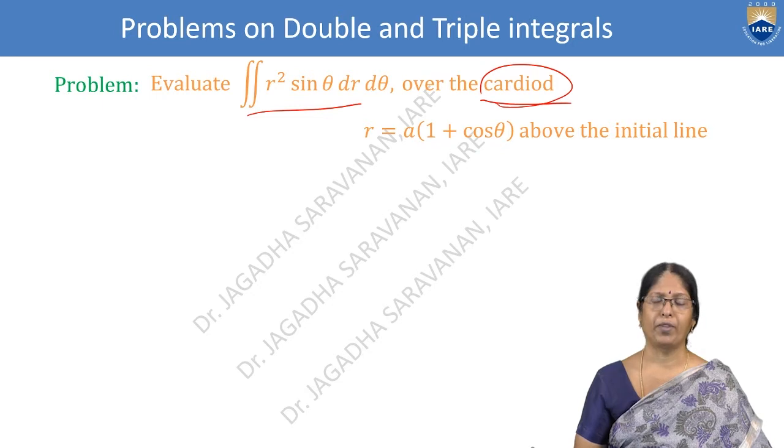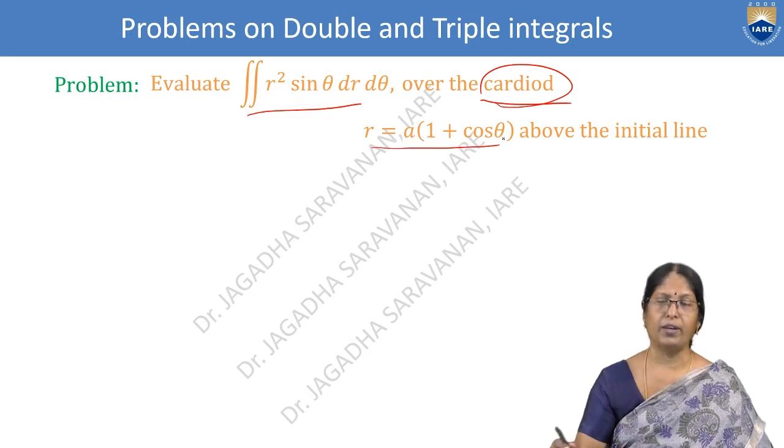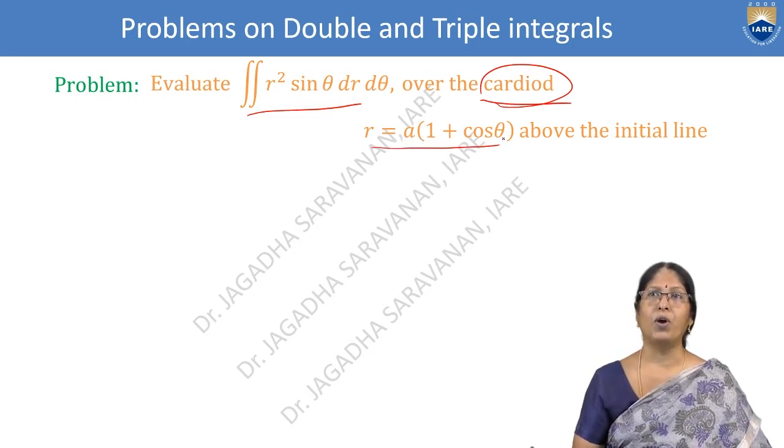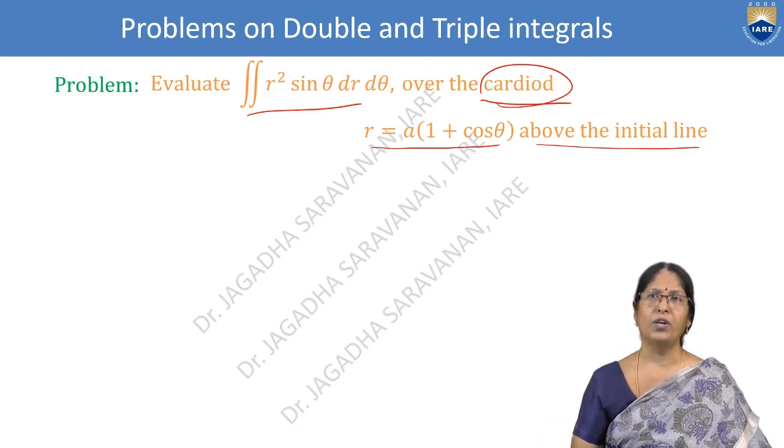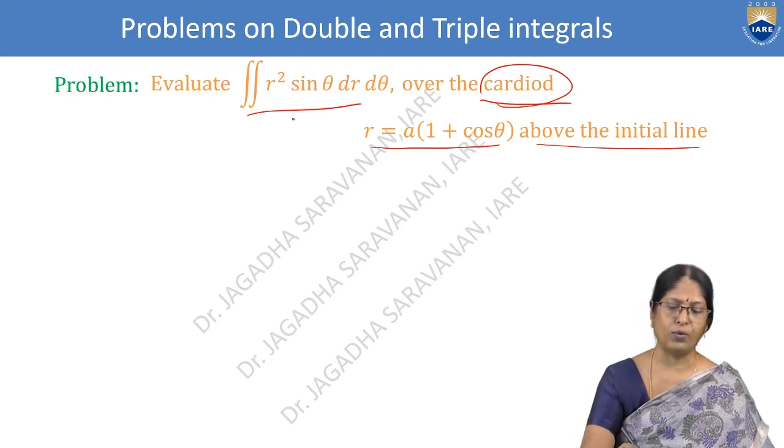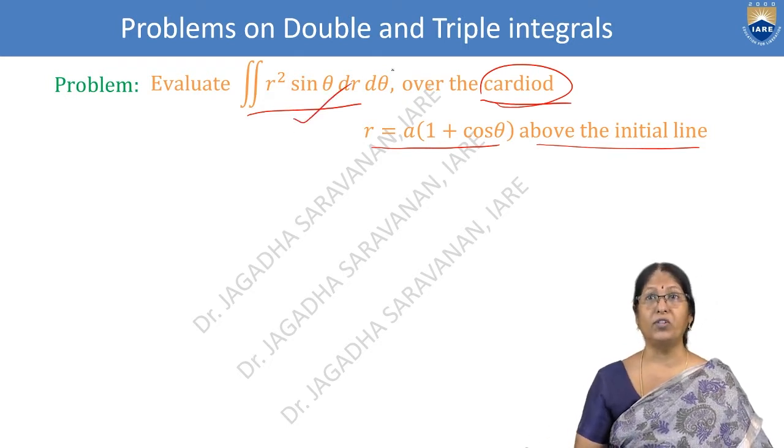The condition given is r equal to a of 1 plus cos theta above the initial line, that is, above the x-axis. Using that, we have to solve this double integration.